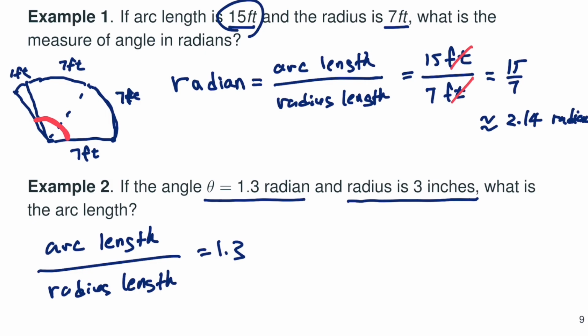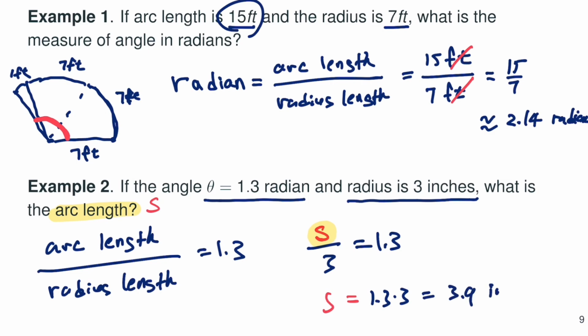Well, what we want to find is the arc length. Let's call the arc length S, variable S. We don't know what that is. So we know that S divided by the radius length, given as 3, equals 1.3. So we isolate this variable by multiplying by 3 on both sides. Then we get S equals 1.3 multiplied by 3, which gives us 3.9 inches.